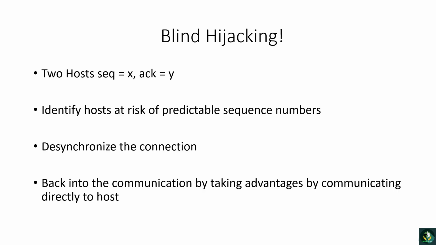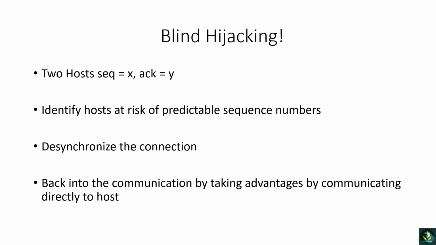So blind hijacking is one potential attack vector, useful when the attacker cannot actually sniff the connection but can exploit the predictability of sequence numbers. So let's move on and have a look at the next approach.